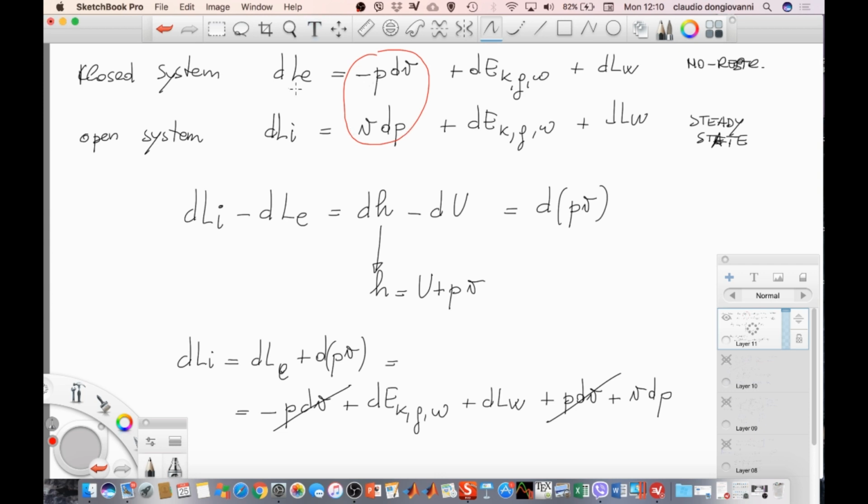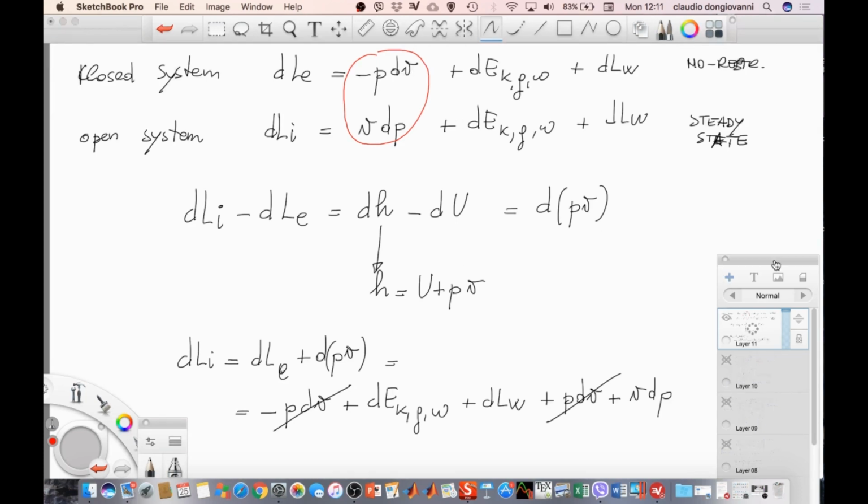Here, by providing work from the external force to a volume, we decrease the volume: minus P dV. These are the only terms that we have to remember. Okay?